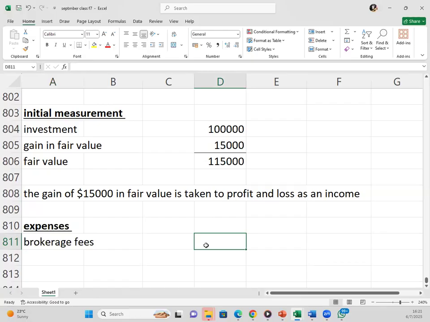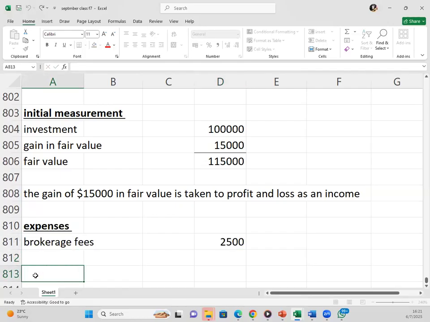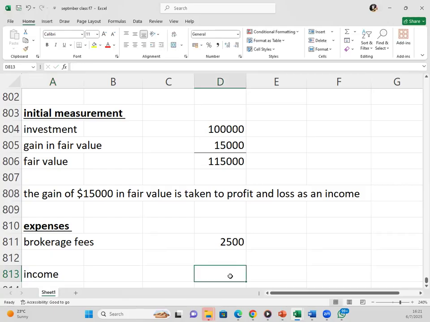The brokerage fees were 2.5. Because there was a gain, that income you add to the income section.